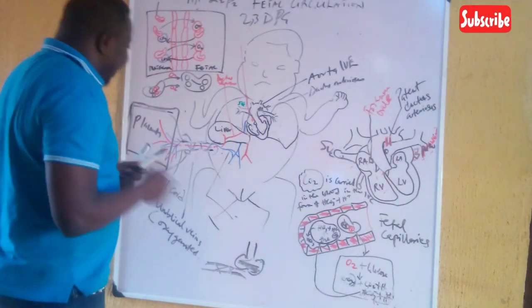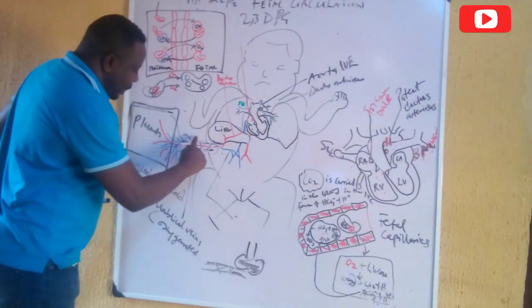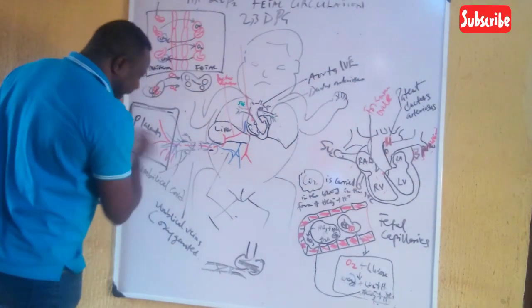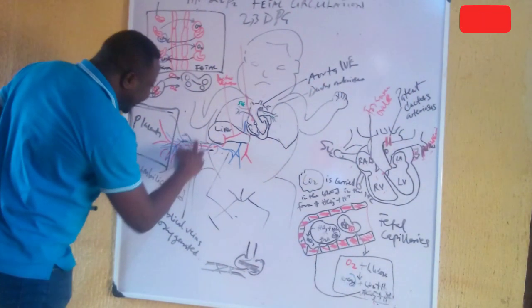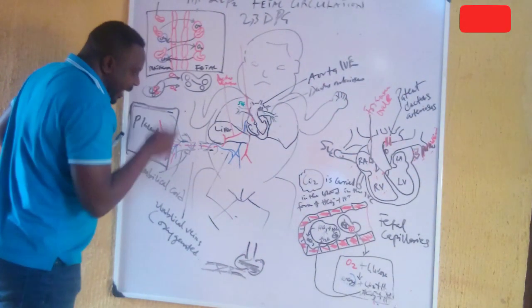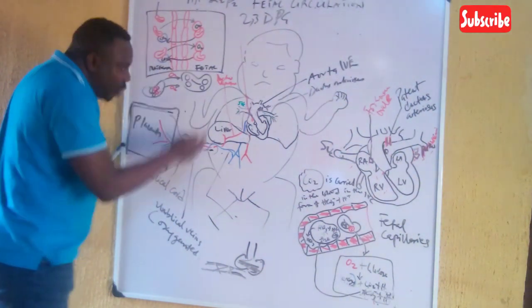Now, when the baby is born, the placenta is cut off. Of course, the umbilical cord is cut off and then the placenta is removed. When the placenta is removed, the blood flowing via the umbilical vein is cut off.